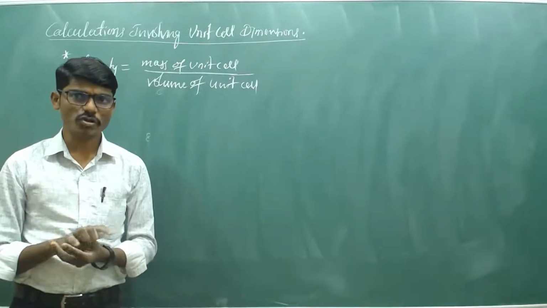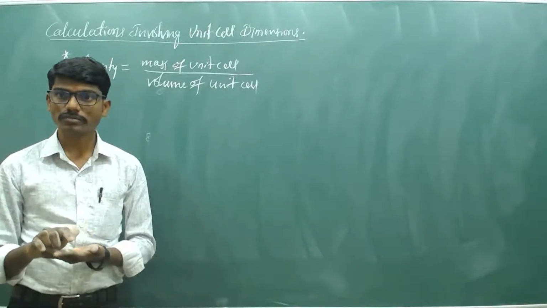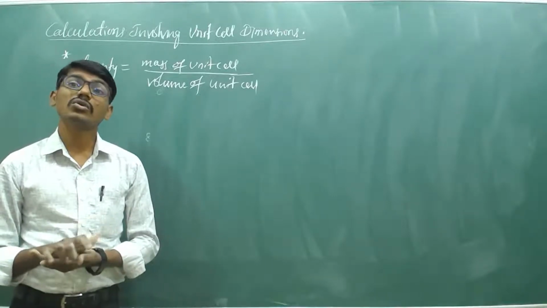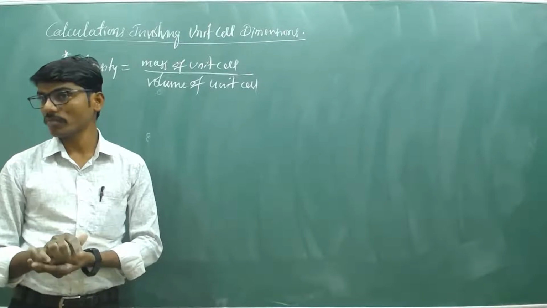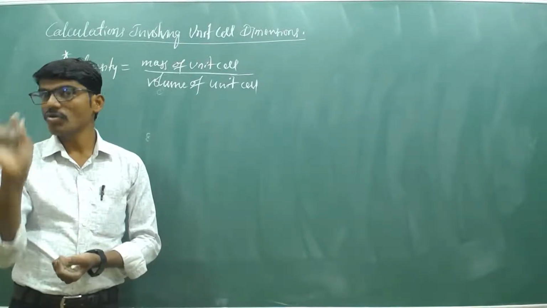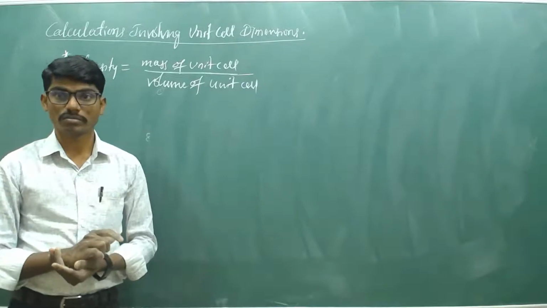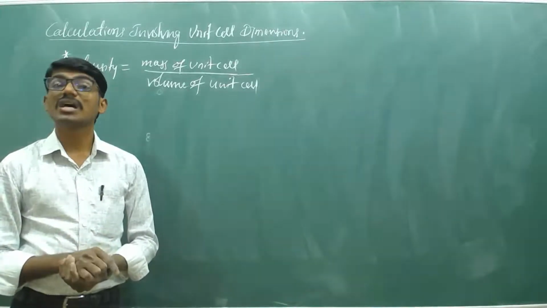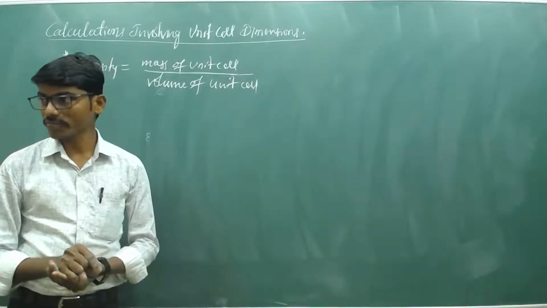What is the mass of hydrogen? 1 gram. That is the mass of Avogadro number of atoms. So for a single atom, 1 by Avogadro's number, 10 power minus 23. So that is the mass of each atom.